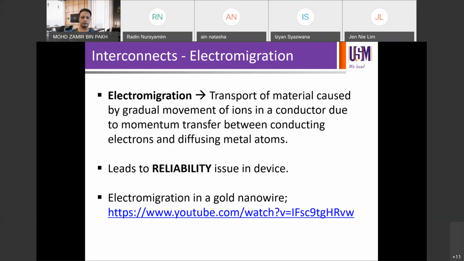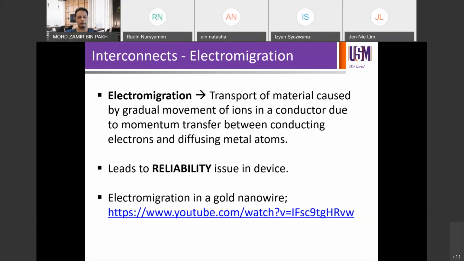Okay, what is electromigration? We're going to play a video later on, but let me just go through the definition before we play the video on YouTube. It's the transport of material caused by movement of ions in the conductor due to momentum transfer between conducting electrons and diffusing metal atoms.